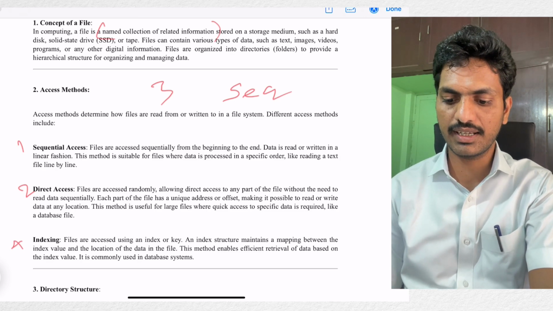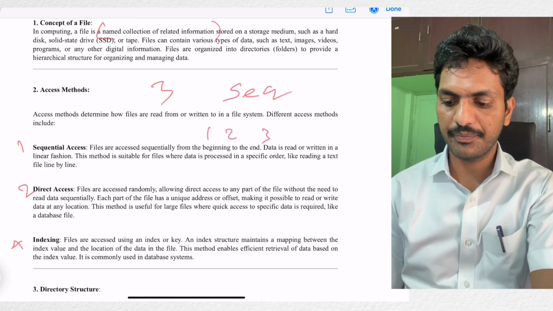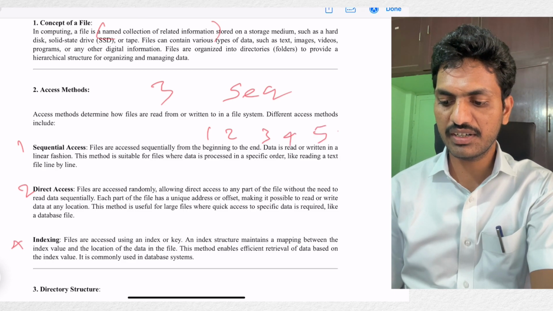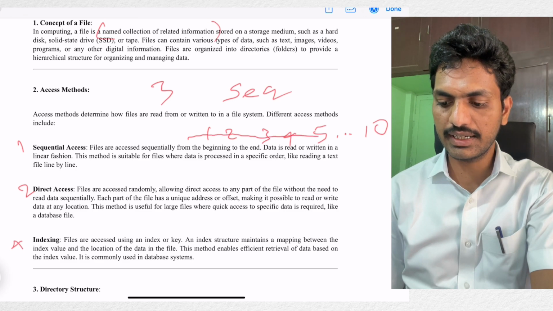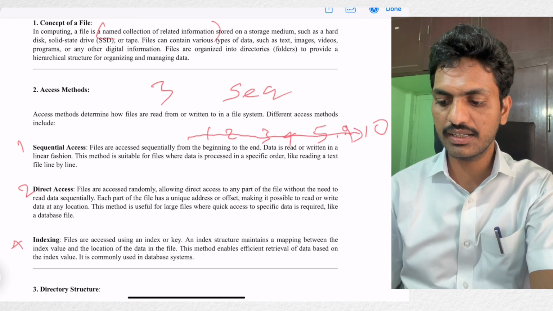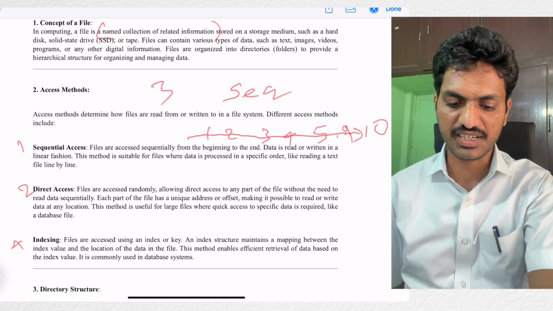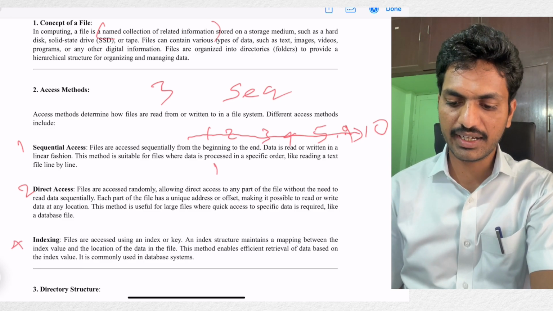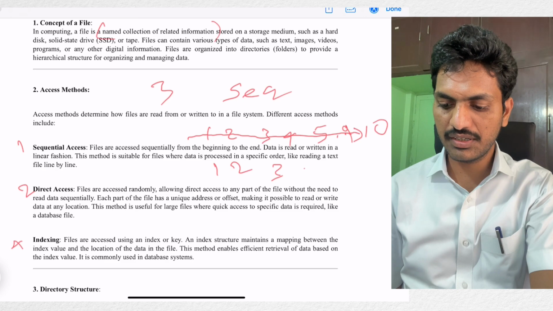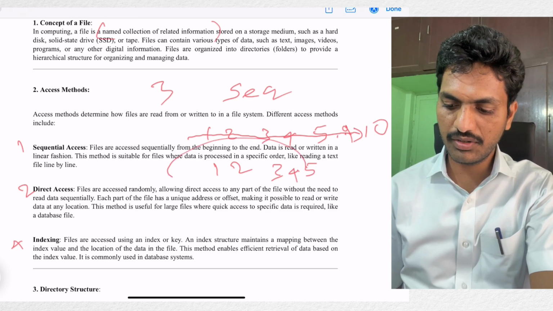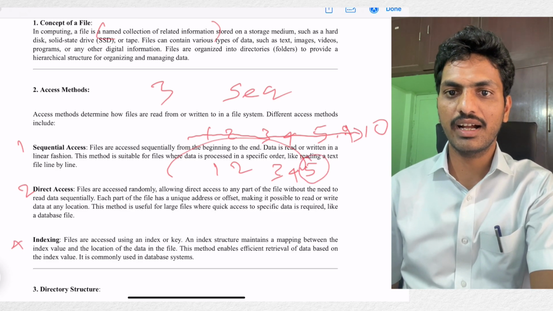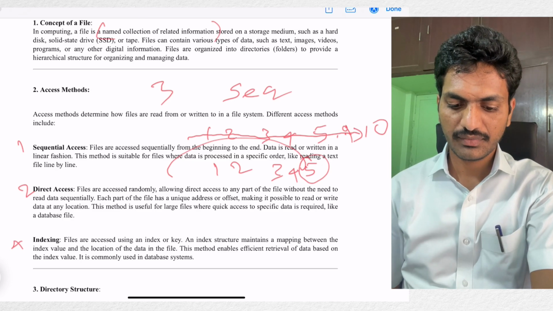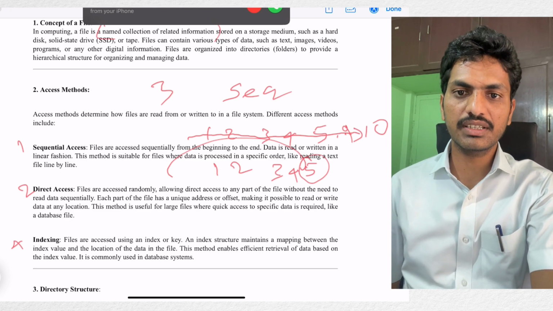If you want to access number 10, you need to go through all the items until 9 so that you reach 10. That is sequential. In direct access, if you want to access number 5, it goes directly to that particular item in the storage. That is direct access.